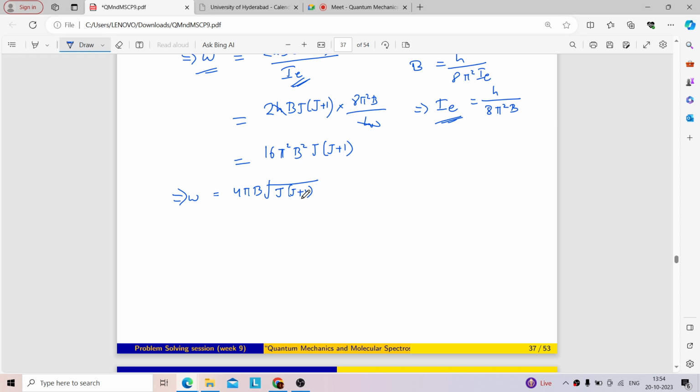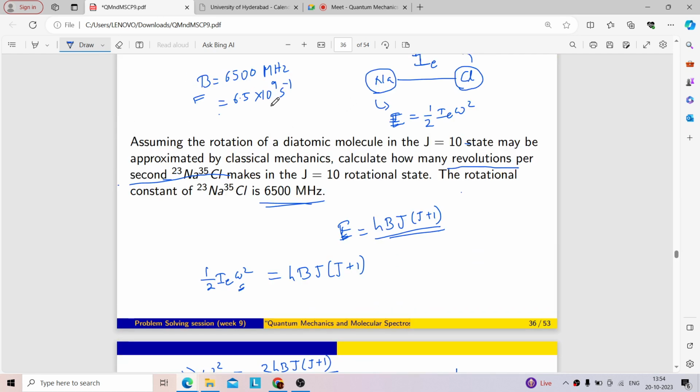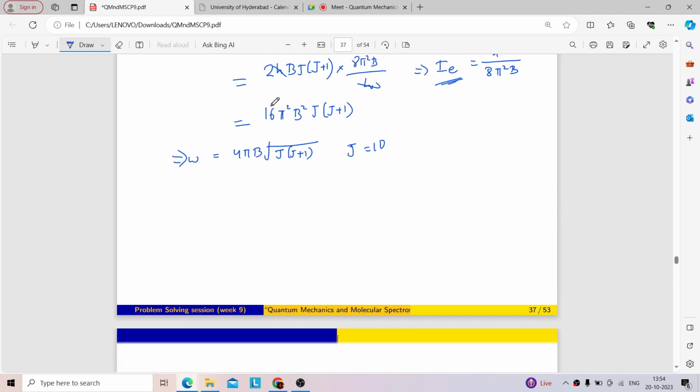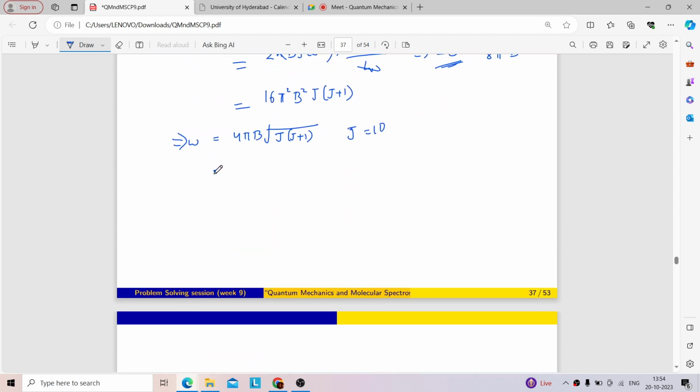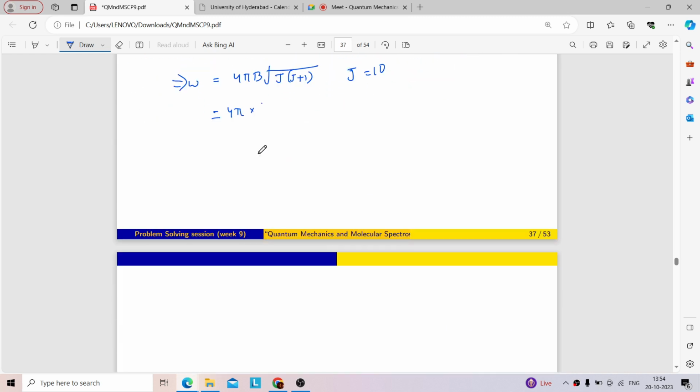Okay, so J is given to be 10. Now B is also given in this question: 6.5 into 10 to the power 9 per second. So this will be 4 pi times this value, 6.5 times 10 to the 11.